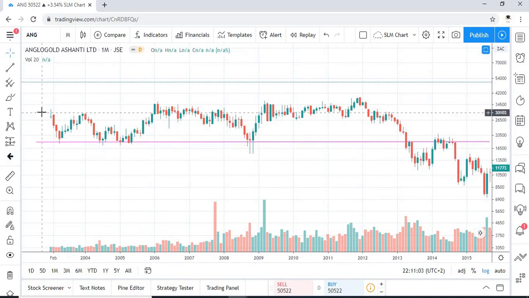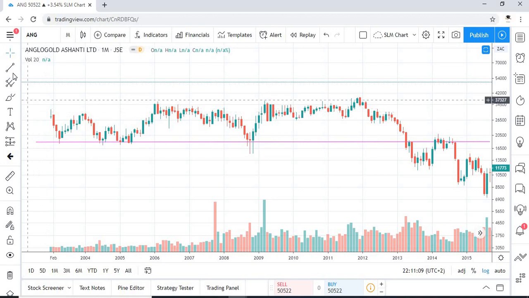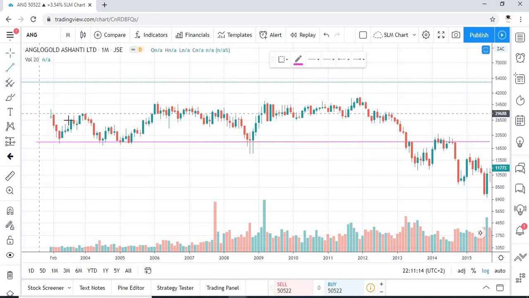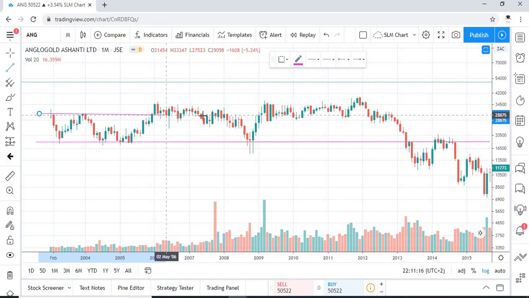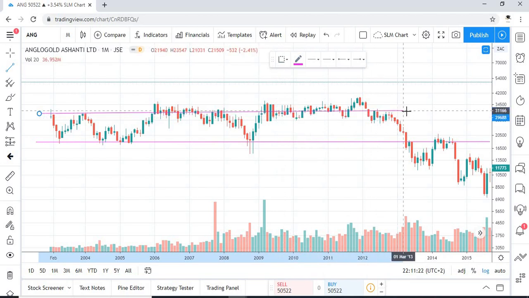Then I look upwards to check which area I can consider to be the resistance for this support. I can pick this level here where there's a swing high. Then I'll project that moving forward.